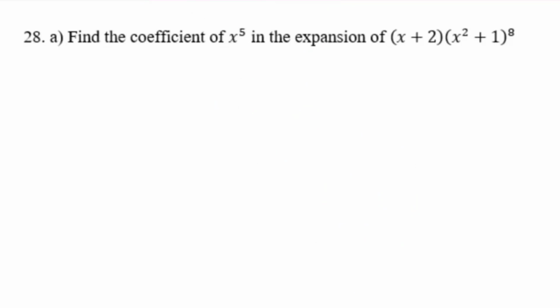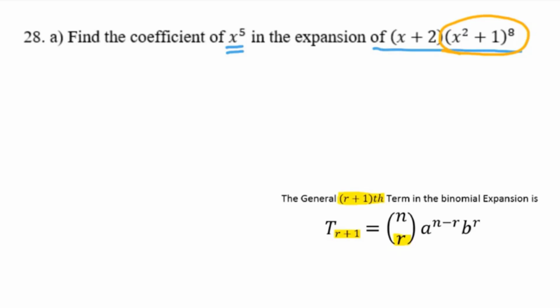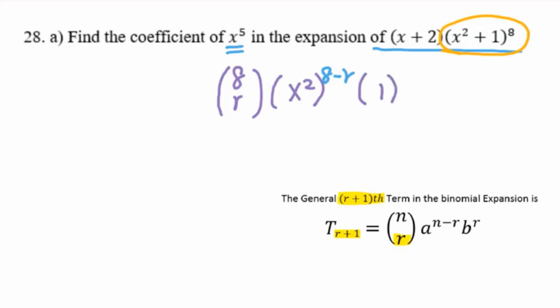Let's go to 28. Find the coefficient of x to the fifth power in the expansion. First of all, we still need a general term for this part. Therefore, you will get 8 choose r, then x squared to the 8 minus r power, times 1 to the r's power. This is 1.